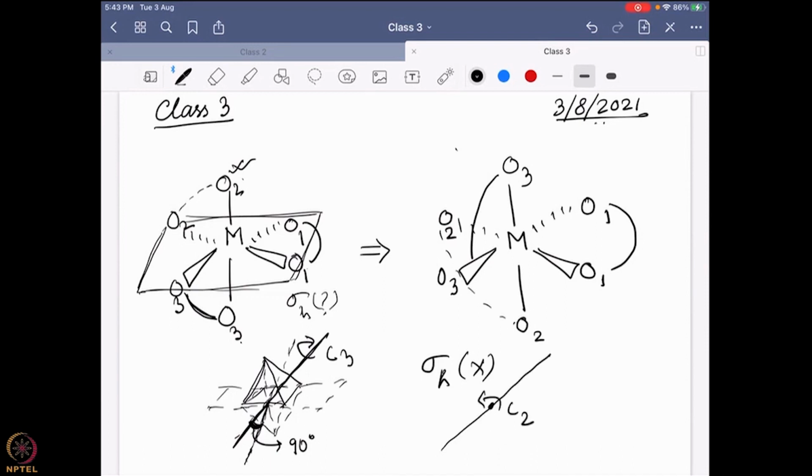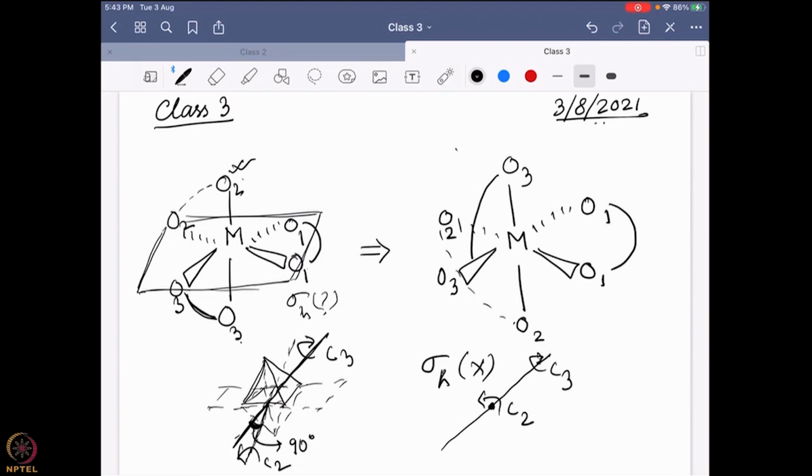If I look through the C2, you can see the C2 is sitting perpendicular to that, right? Because there are 2 lines. Because of the way I'm looking, it may look like it is not, but if you look through the C2, you can find the C3 is lying like this. So this is the C3, this is the C2, and they are actually perpendicular.